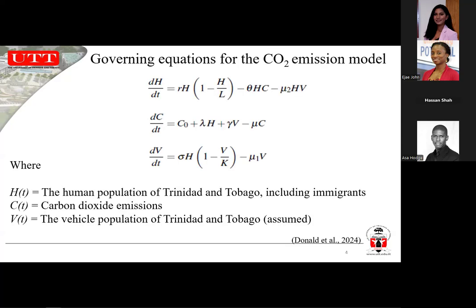Now we will look at our first model, which deals with the governing equations for CO2 emissions. This model was studied by Donald et al., for which we have made certain modifications and additions as well.